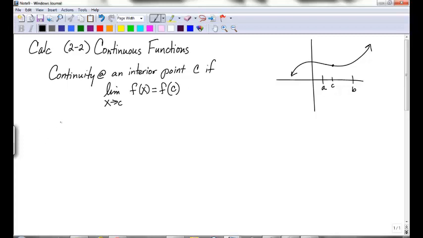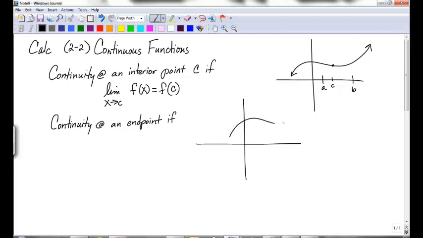Then the author talks about continuity at an endpoint. When they're talking about an endpoint, it would be like if they're looking at a graph that stops, and say this is our A and this is our B. What about at the endpoints?